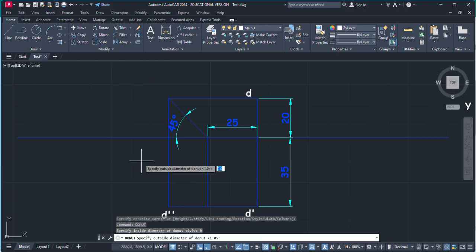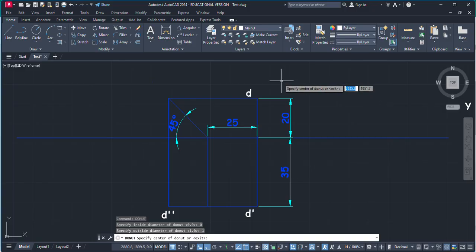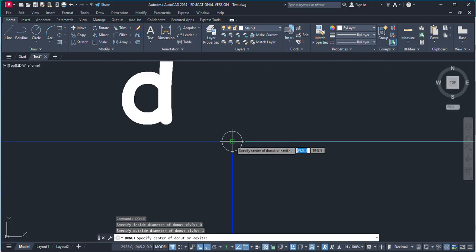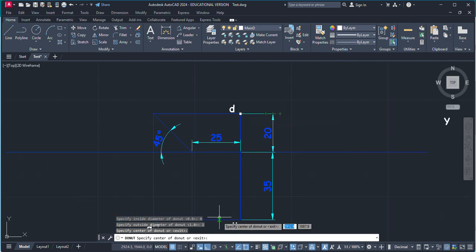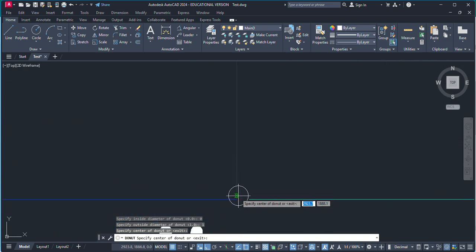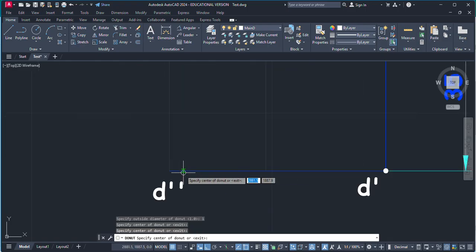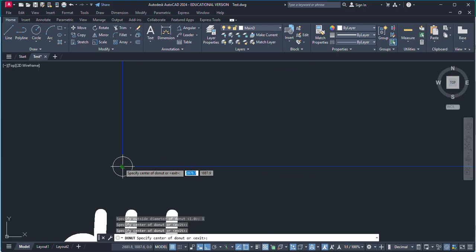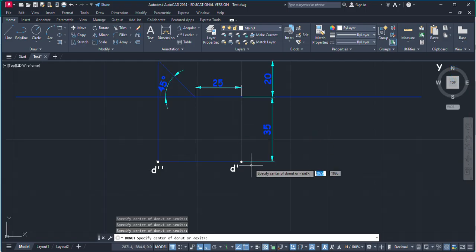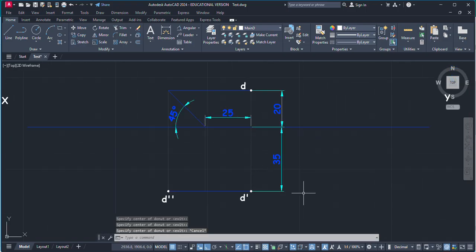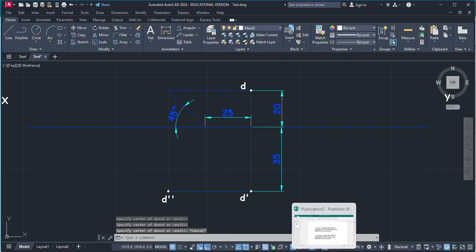Inside 0, enter. Outside 1, enter. This one is first center, which is our top view. This one is specify second center. This one is our front view, and this is our right side view, which is on left projection plane. So this is our solution. Okay, thank you. That's it for this video.